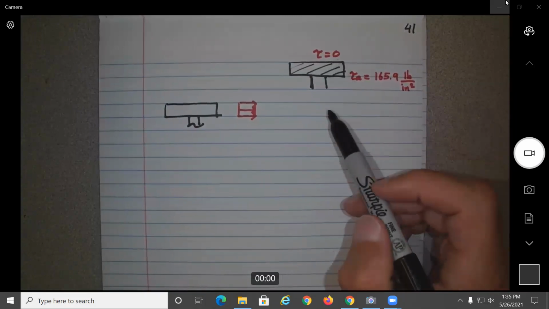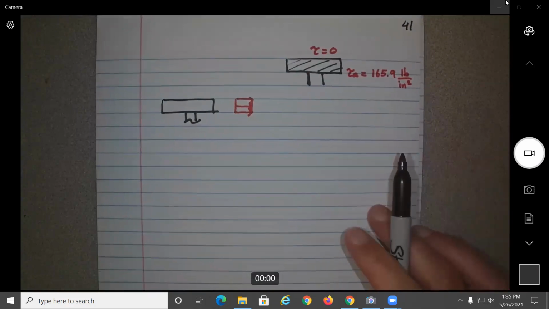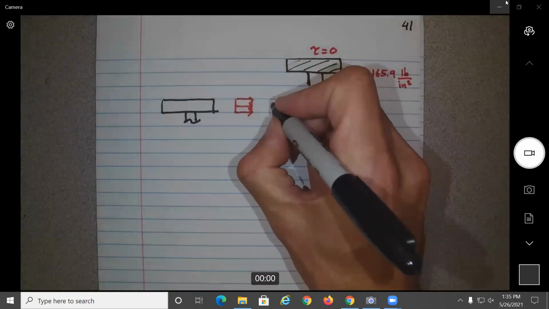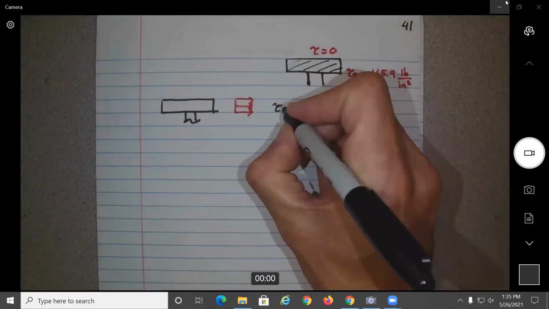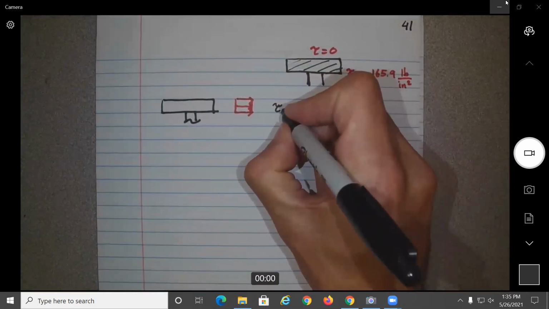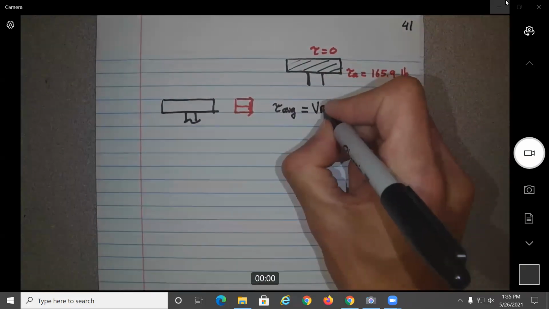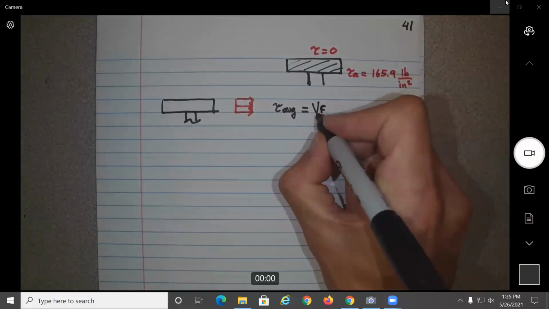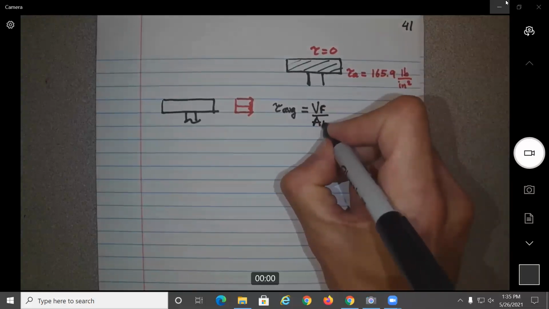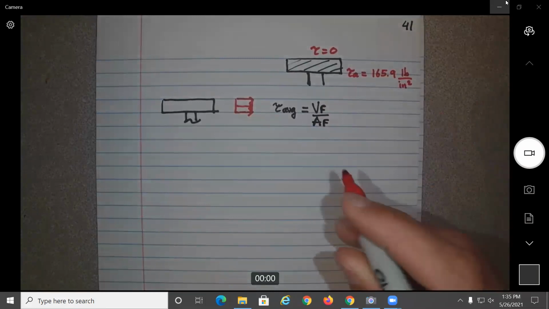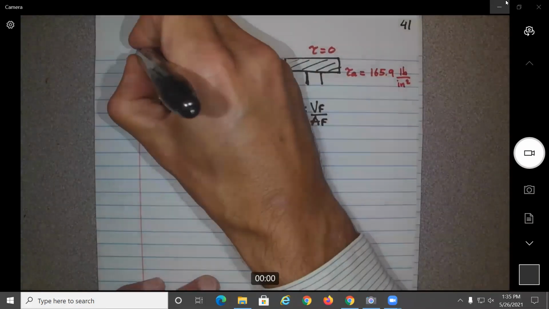It's 0 at the top and it's 0 at the bottom. But if we use that equation, what do we have? You could say that the shear in that cross section should be equal to some average force, which will be equal to shear force on the flange divided by the area of the flange. This is just an approximation, okay?